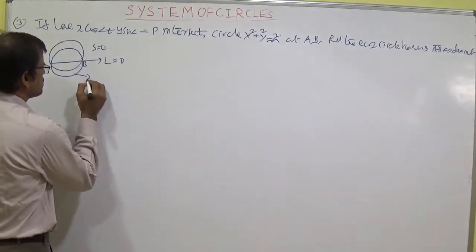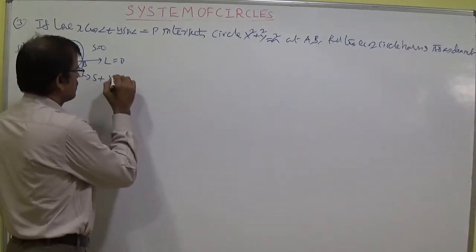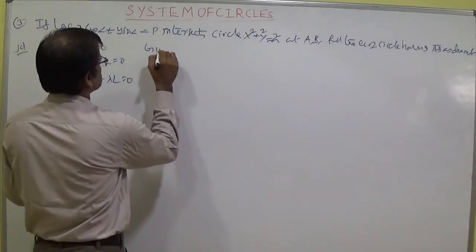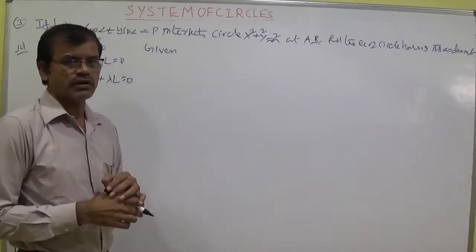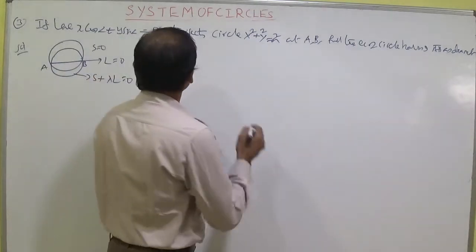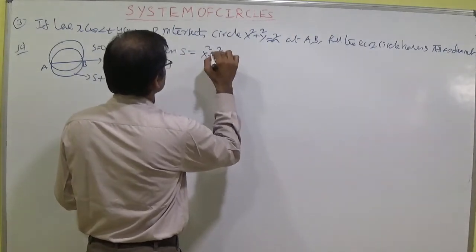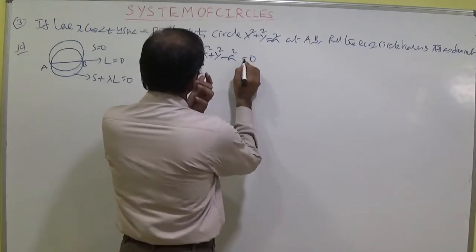This is S plus lambda L is equal to 0. This is a 4 marks important question in IPE, and it is an important MSET bit also. Given circle S is equal to x square plus y square minus a square equal to 0.